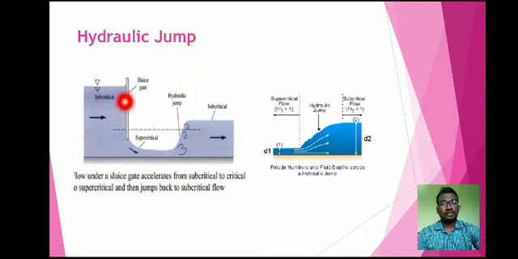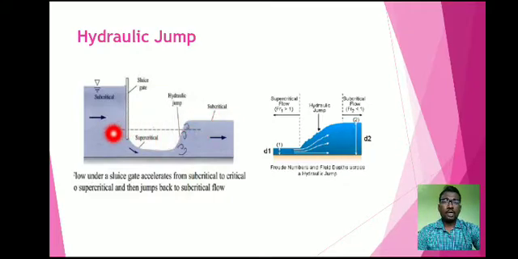When opening the sluice gate, the water flowing under the sluice gate goes from subcritical flow to critical flow, and then to supercritical flow. That supercritical flow again jumps back into subcritical.